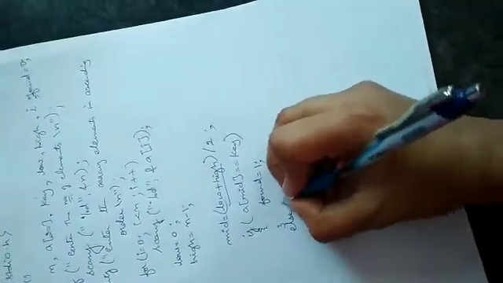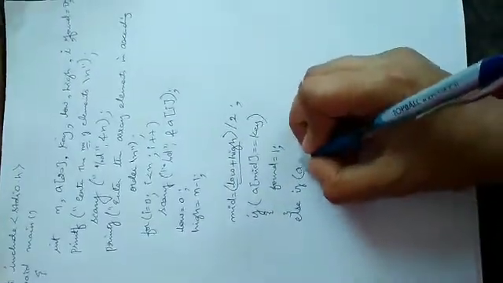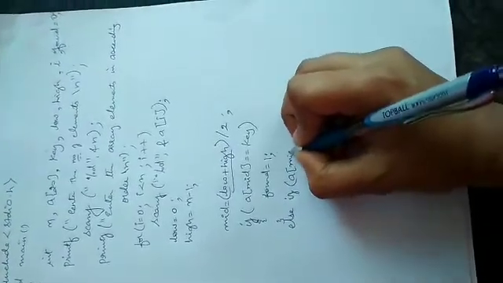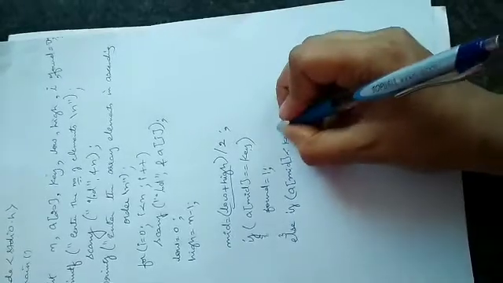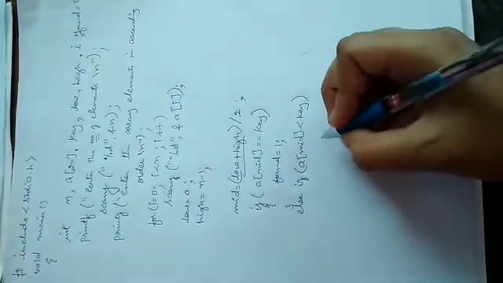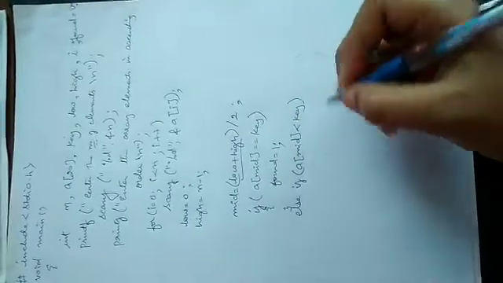Else, if my mid element is not equal to key, then what am I supposed to write? I have to compare A of mid, if it is less than the key element, then my key element lies on the right side.